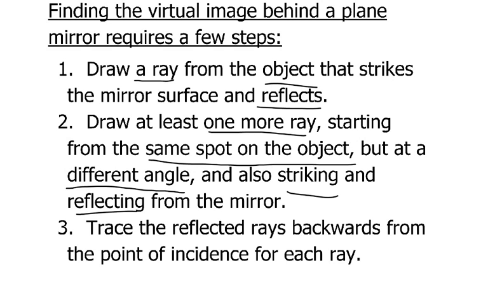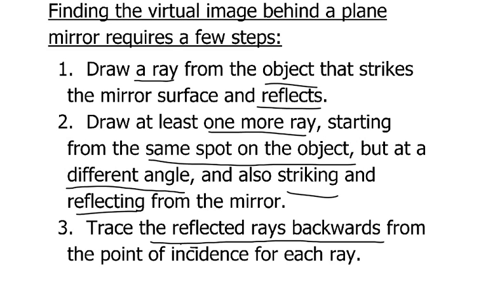And then you're going to take both of those rays and trace them backwards in a straight line. You trace the reflected rays backwards in a straight line till they go behind the mirror, and we'll see what that looks like in a diagram on the next slide.